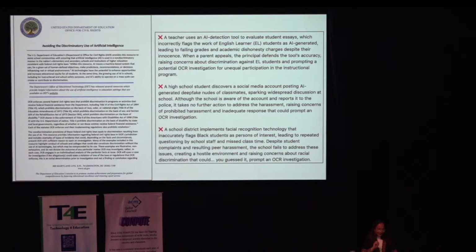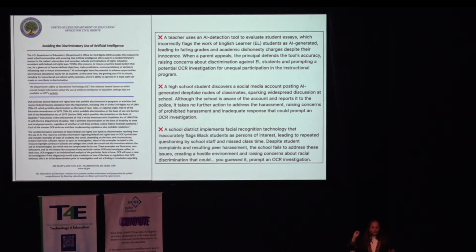In fact, in this context, the US Office of Civil Rights has just released what I think is a very important document, which lays out scenarios which basically involve discriminatory use of AI, and schools and entities could be held accountable. For example, if there's an English language learner and a teacher wrongly says, no, the AI tool is giving you an accurate grade, whereas the student is feeling discriminated against because they can't speak the language, that's something that can be investigated.